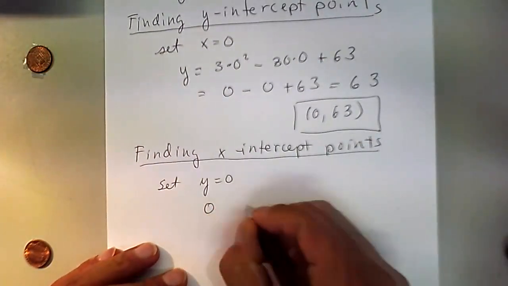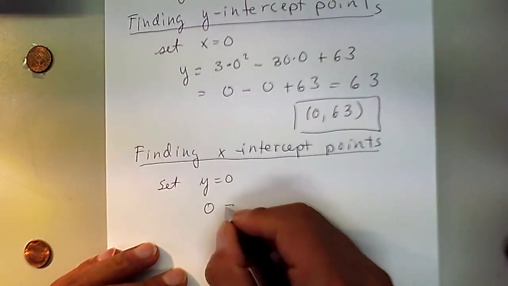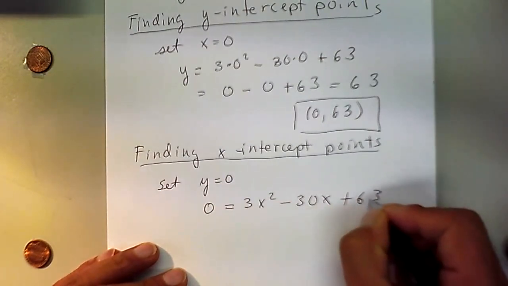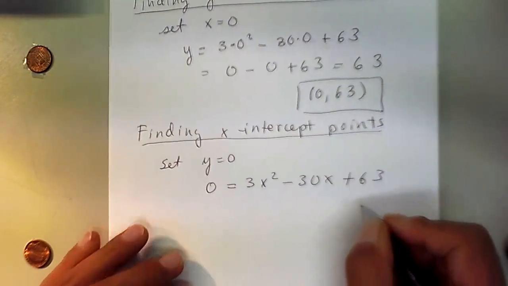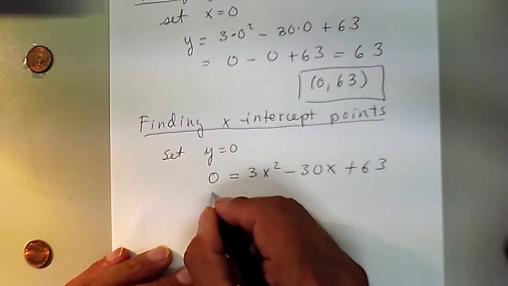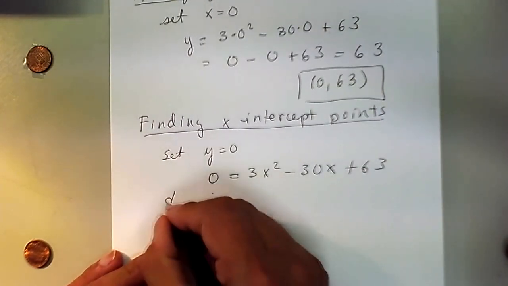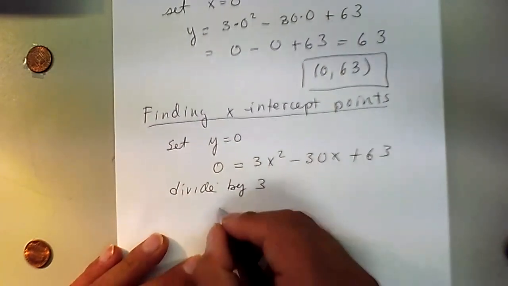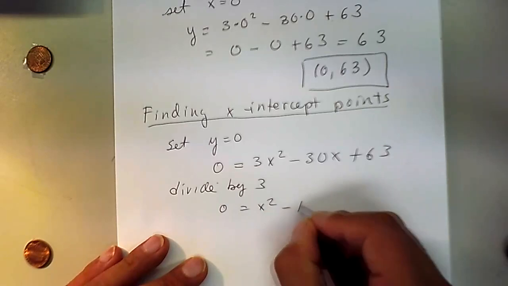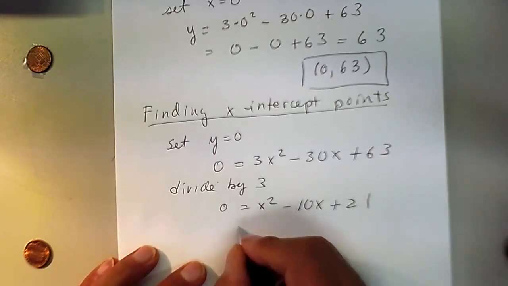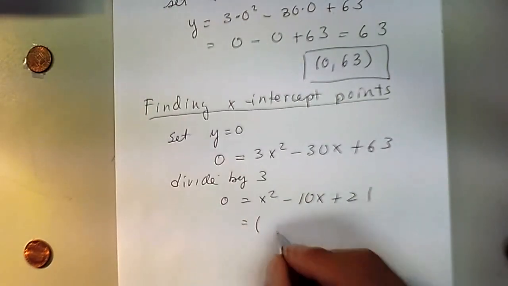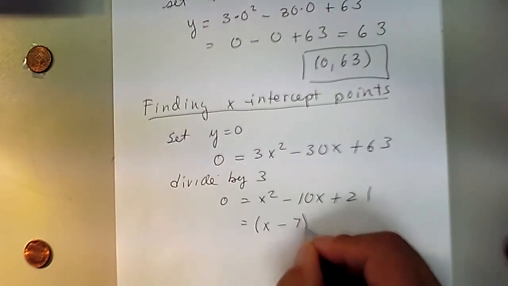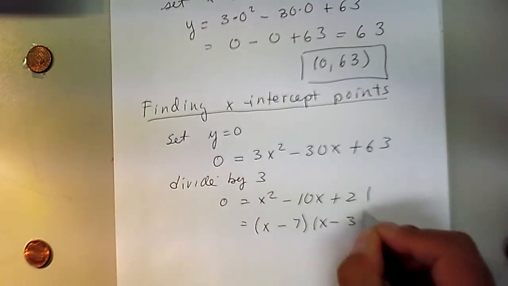So 0 is equal to 3x squared minus 30x plus 63. So we solve this equation for x, which you are quite familiar with. We can divide by 3 on both sides of the equation. Divide by 3. So we end up with 0 equals x squared minus 10x plus 21, which is easily factorable. x minus 7, x minus 3 will do.